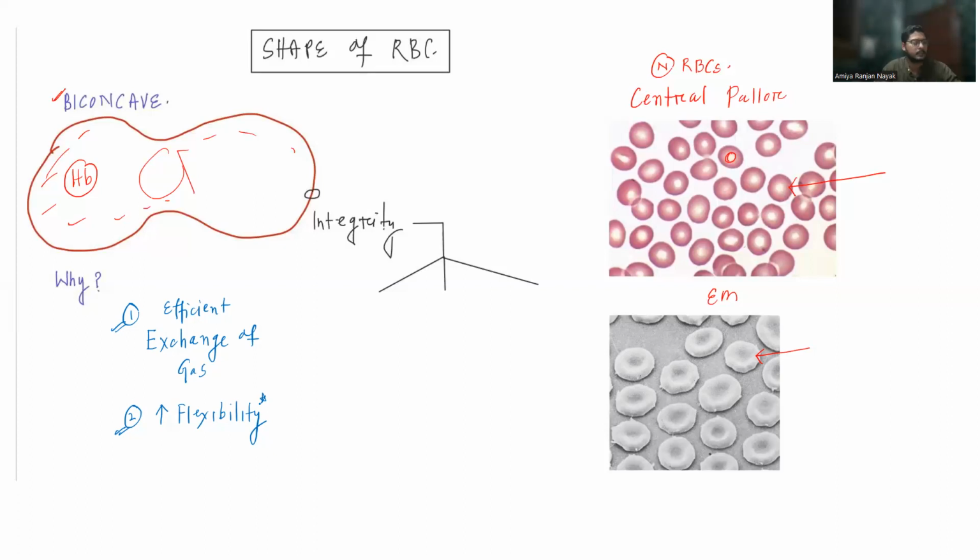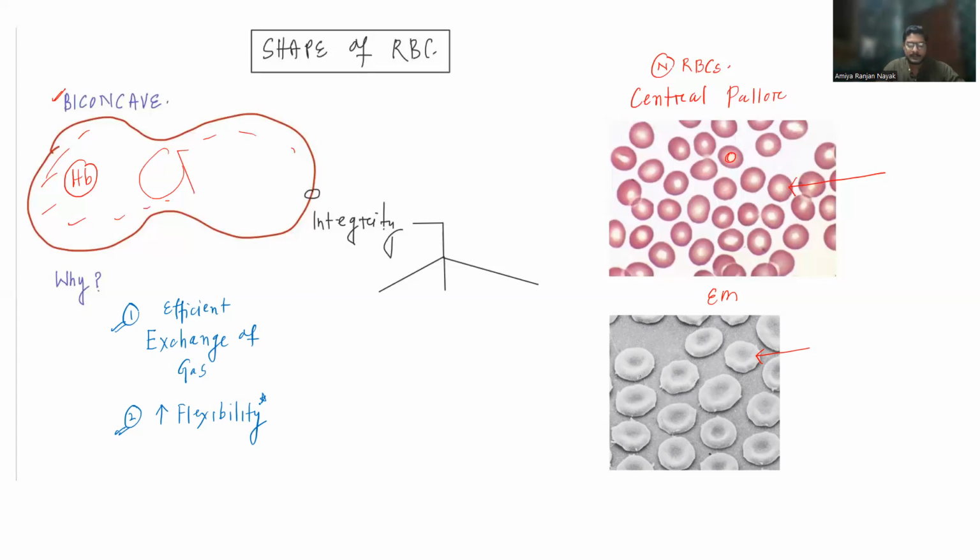If they are not flexible, they will get caught up in the capillaries, and after that they can be destroyed by the macrophages. To avoid this, the RBCs are highly flexible so that they can pass through the narrow capillaries, and that is how they can survive in those conditions. So these are the consequences of having this increased surface area, which is responsible for the biconcave appearance.